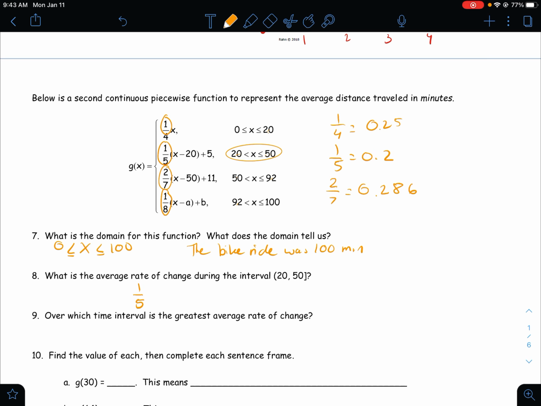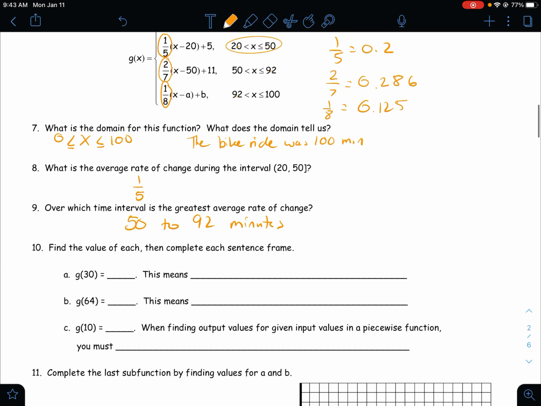And 1/8 is equal to 0.125. All right, so which time interval has the greatest rate of change? That is going to be our 2/7, which is going to be from 50 to 92 minutes.